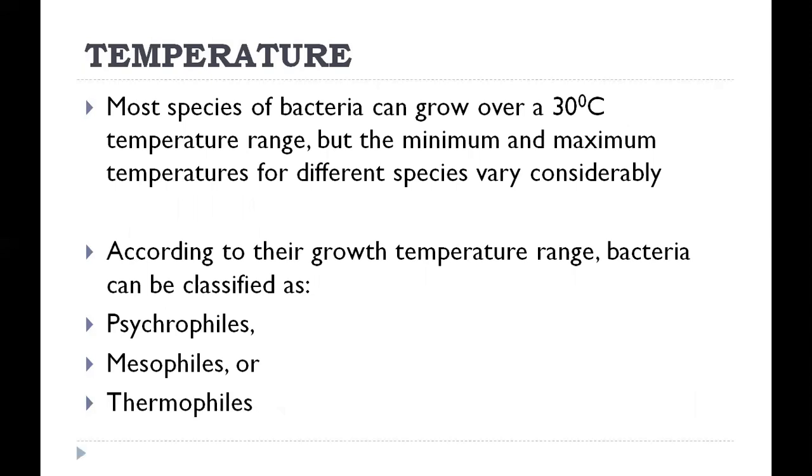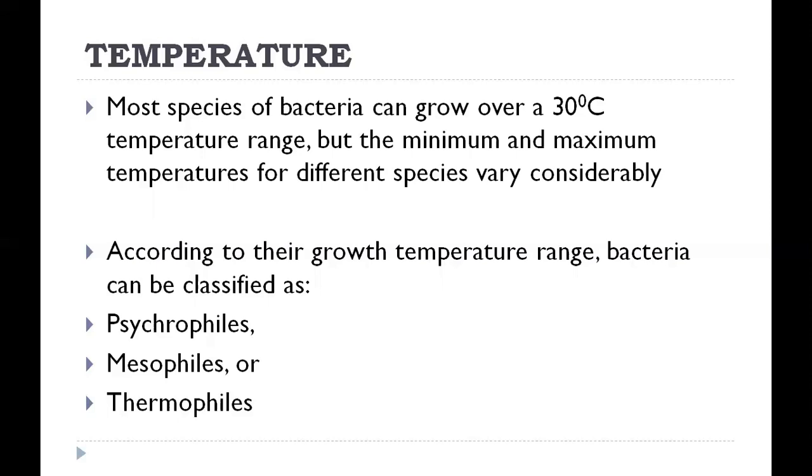Just like pH, bacterial species have their specific ranges of growth for temperature. So there are ranges of temperature in which a given bacterial species can grow best. Most species of bacteria can grow over a 30 degrees Celsius temperature range, but the minimum and maximum temperature for different species vary considerably.